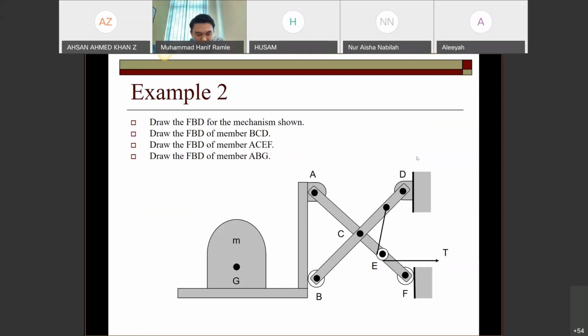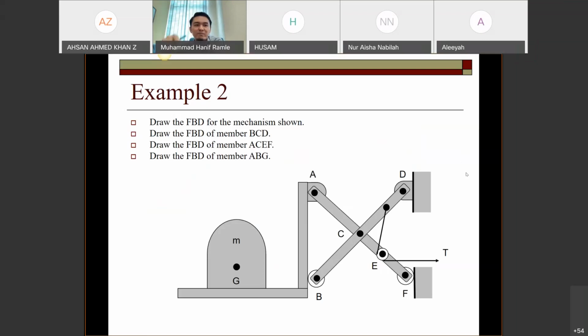Okay, let's move to example 2. Same as the previous one, only draw the FBD. This one is only drawing, not yet covering the calculation. The FBD first. You have to make sure that you can draw the FBD very well, very accurately.